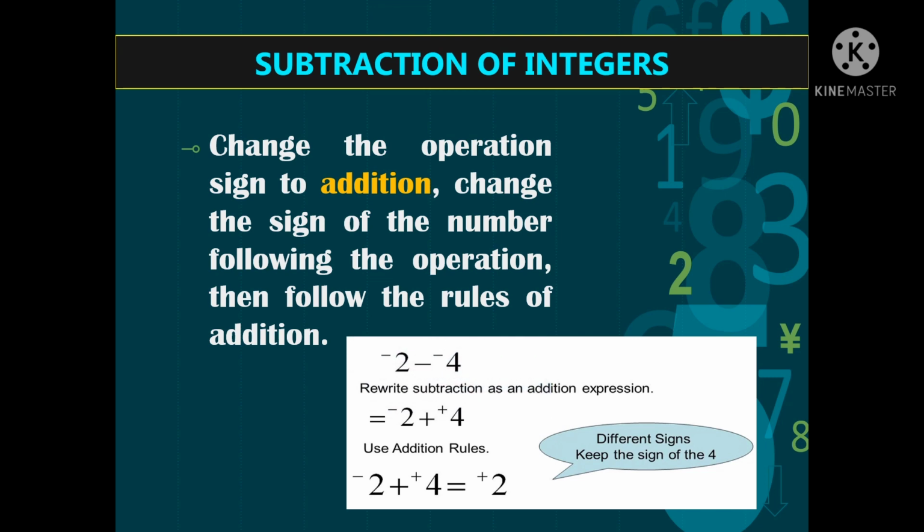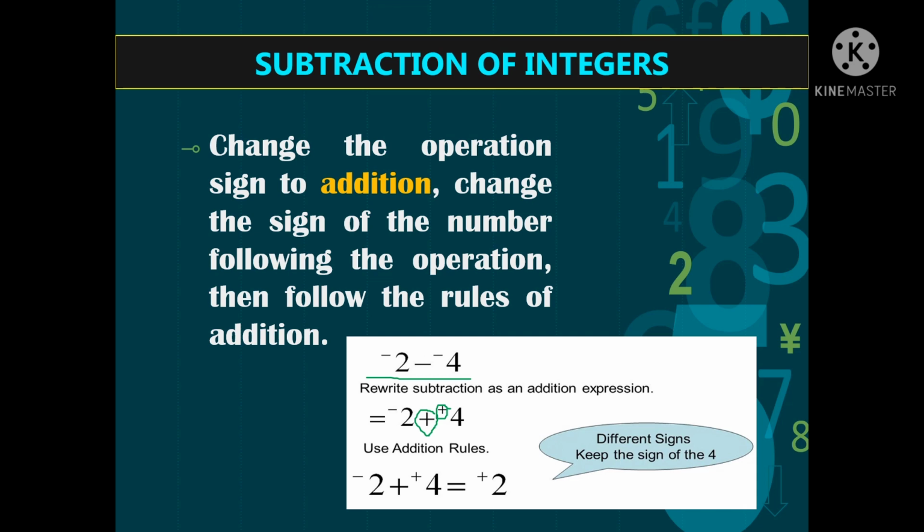So negative 2 minus negative 4. So according to the rule, we will change the operation sign to addition, and then change the sign of the number following the operation. So the number here following the operation is negative 4. We will change its sign to positive. And then we follow the rules of addition.